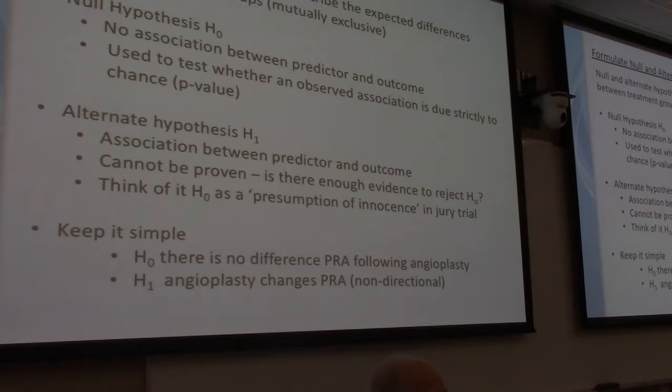If I have enough prior knowledge, I might want to impose a directional hypothesis, saying plasma renin activity goes down after angioplasty. But usually we'll use a two-sided hypothesis unless it's very clear from prior knowledge that a one-sided test is appropriate.